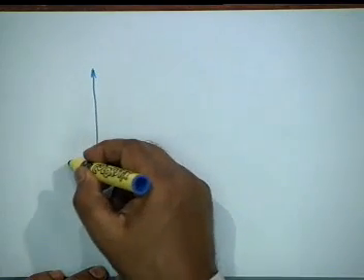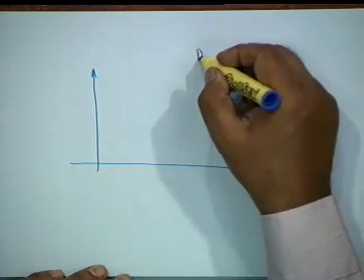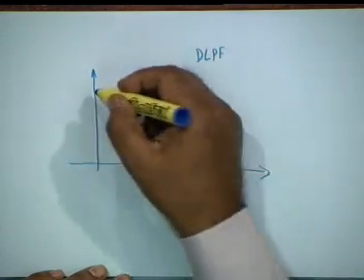As an example of application of digital to digital transformation, we consider this low pass filter. The specification of a digital low pass filter is the following.